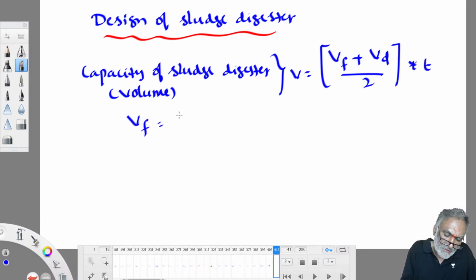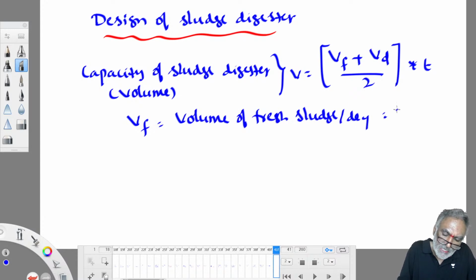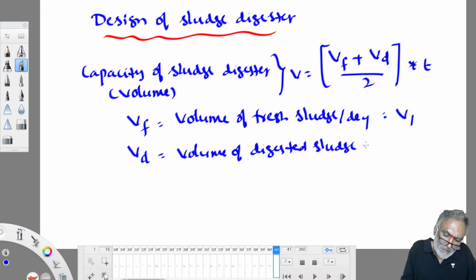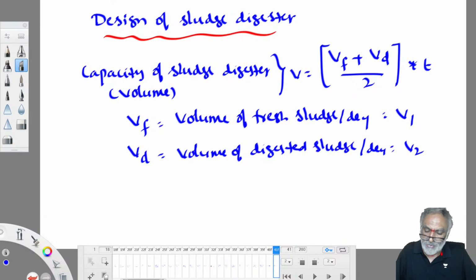Vf is equal to volume of fresh sludge produced per day, which is nothing but V1. Vd is volume of digested sludge produced per day, nothing but V2. Fresh sludge has moisture content P1, digested sludge has moisture content P2.